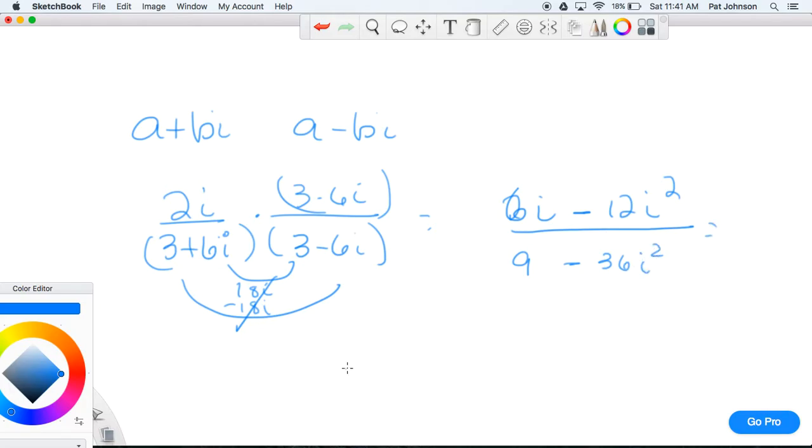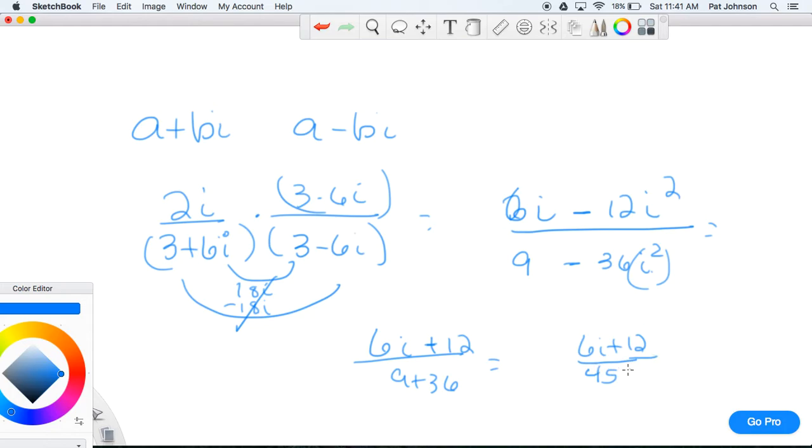And we can simplify. We have 6i minus, i squared is negative 1, so it's plus 12 over, i squared is negative 1 times negative 36, so you have 9 plus 36. 9 plus 36 is going to be 45, and you can factor out, and then you have 6i plus 12.